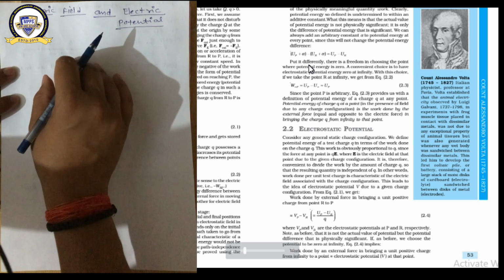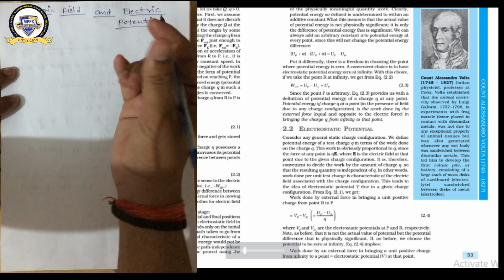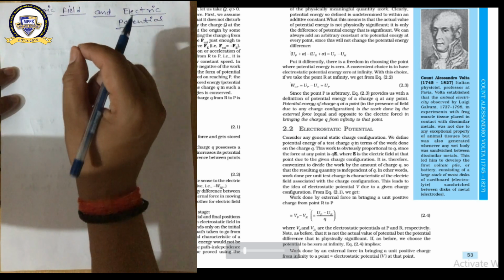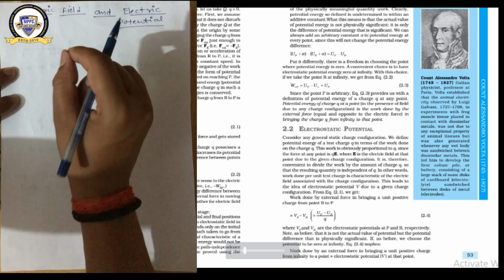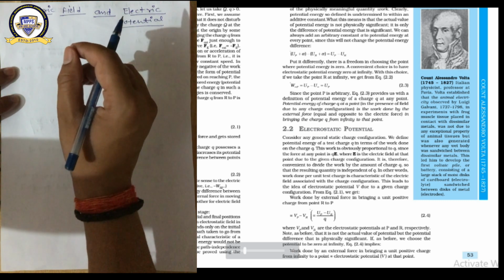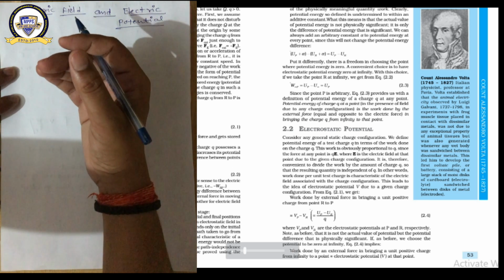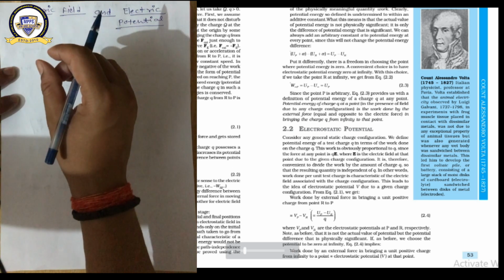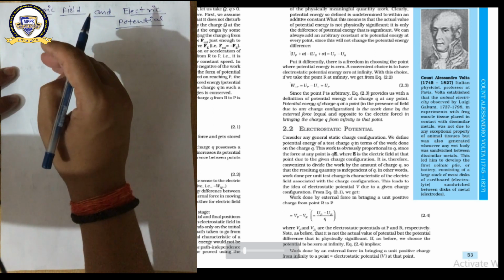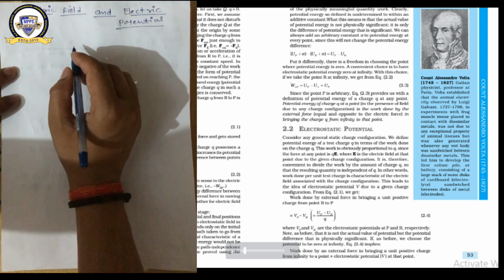Let us now show how the potential difference between 2 points is related to the electric intensity. You can say, I am going to derive the relation between electric field and electric potential.